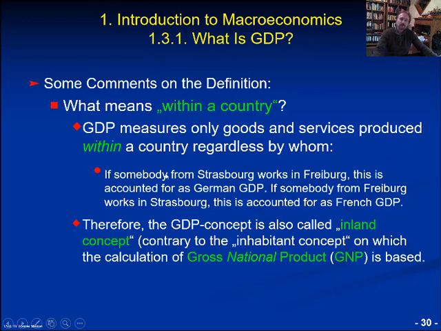For example, if somebody from Strasbourg works in Freiburg, this is accounted for as German GDP, because this work takes place in Freiburg. If somebody from Freiburg works in Strasbourg, this is accounted for as French GDP, because the production of this worker takes place in Strasbourg.